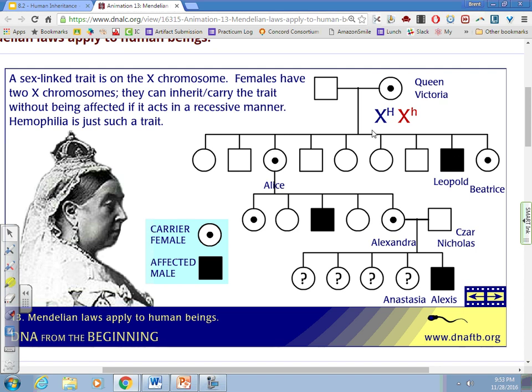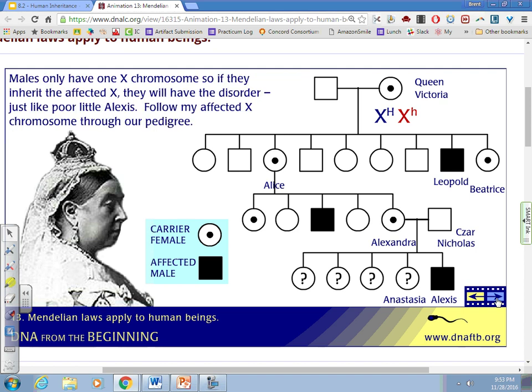So Queen Victoria would have a normal blood condition and an abnormal hemophilia condition. By the way, with hemophilia, you are unable to stop bleeding. You can't clot your blood. It's a bad deal. Males only have 1 X chromosome, so if they inherit the affected X, they will have the disorder, just like poor little Alexis and poor little Leopold.